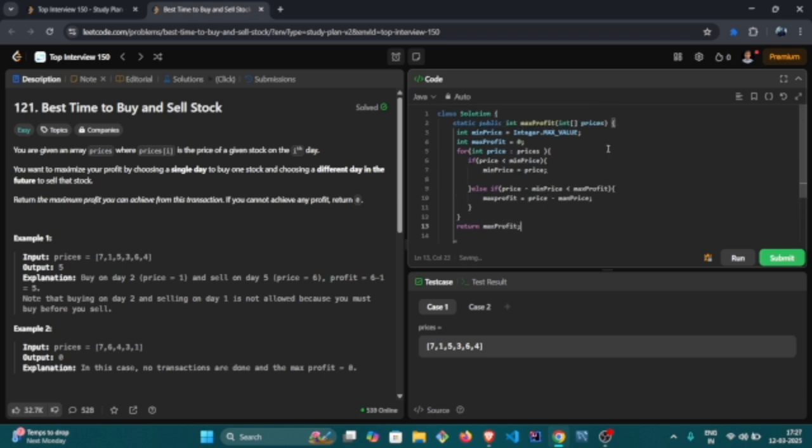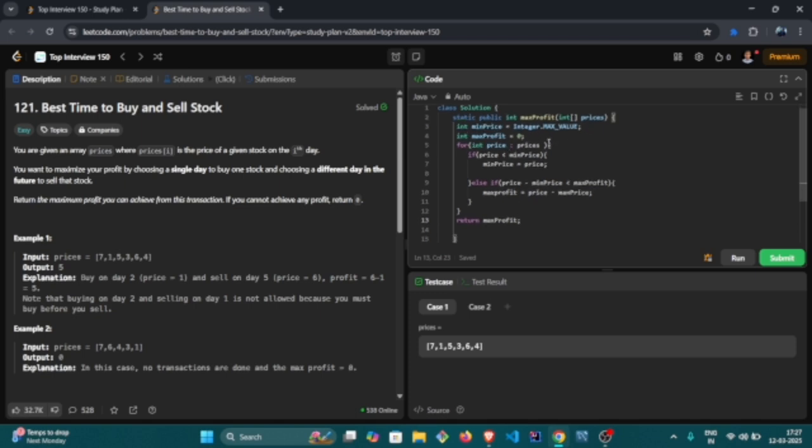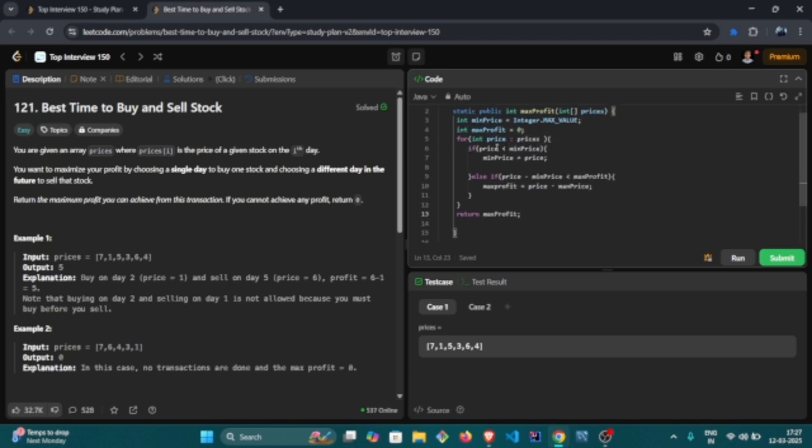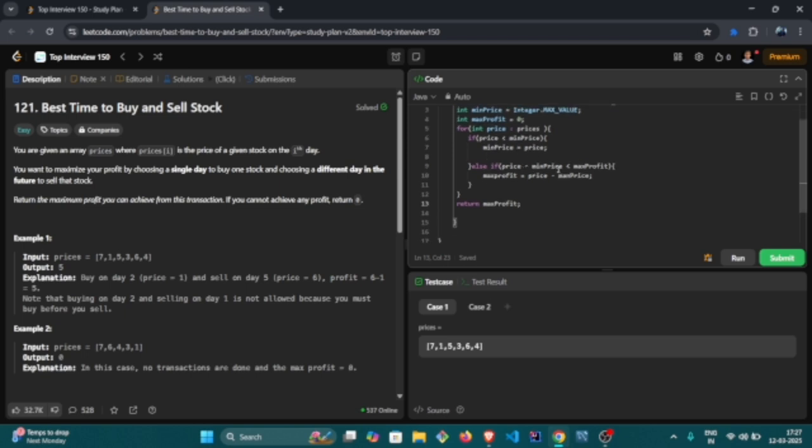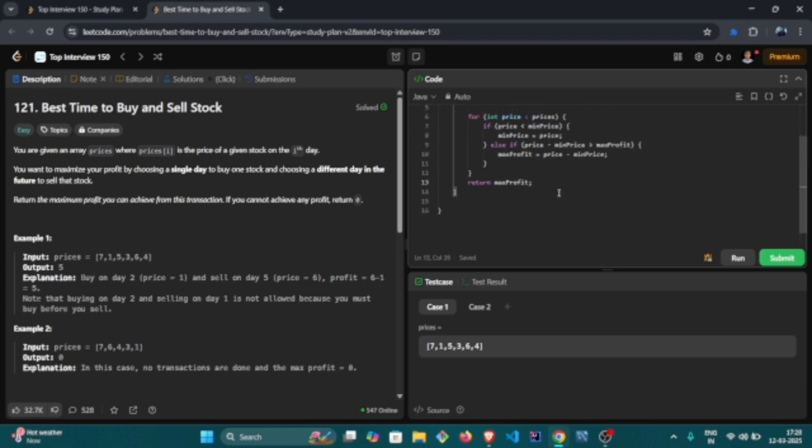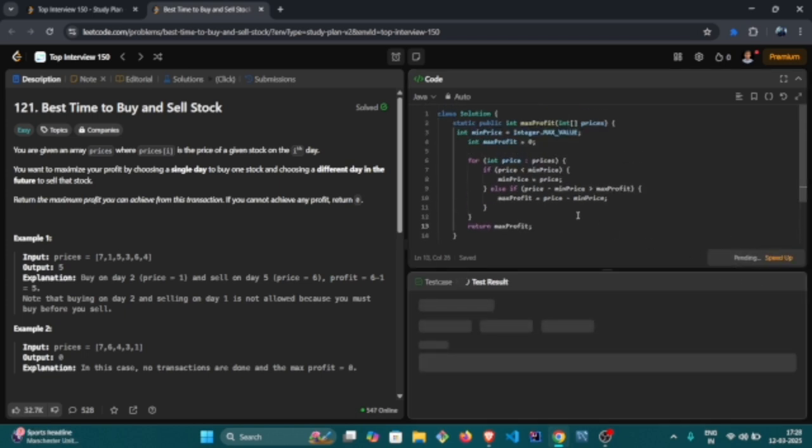Let me see if there are any mistakes. Okay, another mistake here. I have to work on my typing speed and accuracy also. Now let's check and see if it will work.